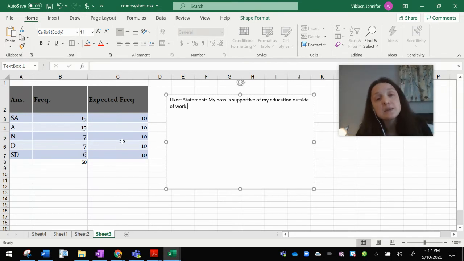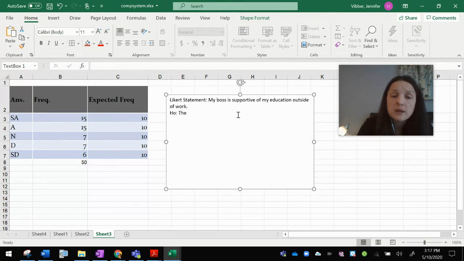Is that statistically different enough from all 10s for me to say that there's a group preference? I don't know by looking at it. Chi-square tests, even for me, are something that I can't do by eyeball. I have to run it every time. Okay, so let's come down here and make hypotheses. H sub O would be the data is uniform.